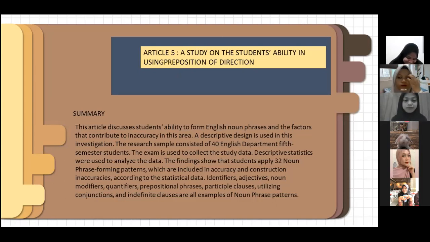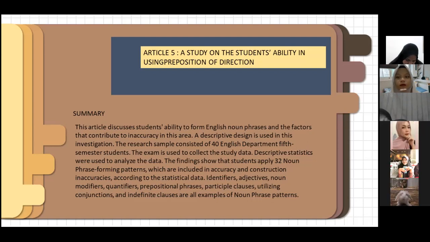This article discusses the students' ability to form English noun phrases and the factors that contribute to inaccuracy in this area. Descriptive design is used in this investigation. The research sample consists of 40 English department 5th semester students. The exam is used to collect the study data. Descriptive statistics were used to analyze the data.